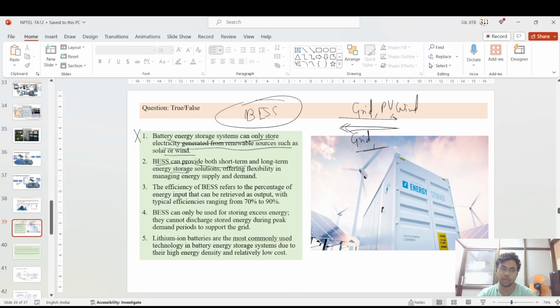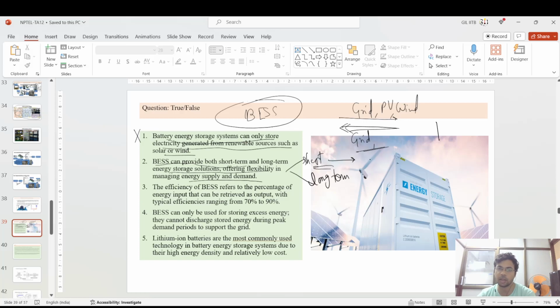Coming to the second part, it says that the BESS can provide both short-term and long-term energy storage solutions, offering flexibility in managing energy supply and demand. There are two terms here. Short term means, suppose the grid needs a sudden change in power and the frequency dips to a lower level.